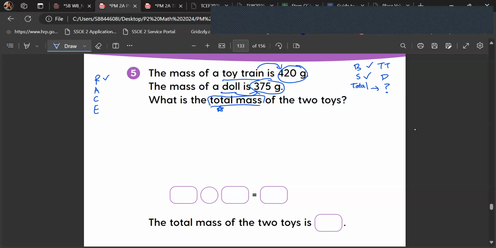Okay, so I've done my annotations. Oh, I need to pay attention to the units. What's the unit for this question? Is it kilograms or grams? Grams, very good. So very important. I'll take note that it's grams.